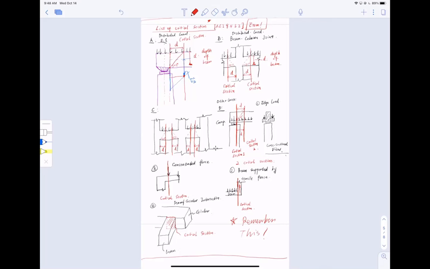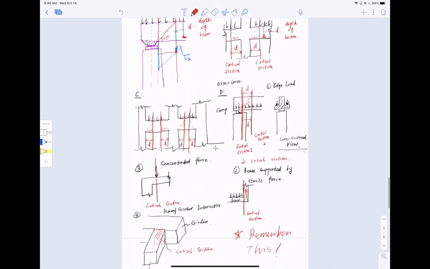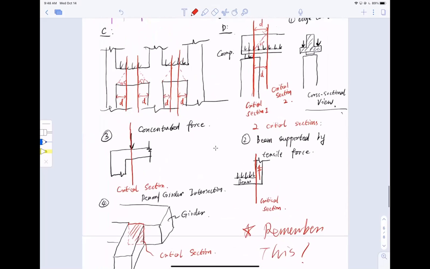So for case 3 in section D, would we have to do one at the edge of the support right there? This is like an L shape connection. You don't have to do it right here anymore since there's no distributed load.